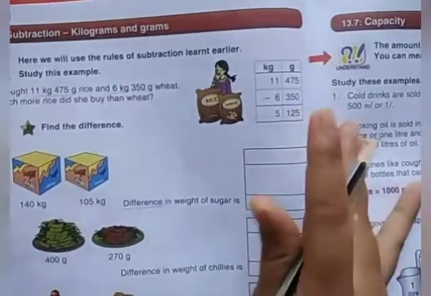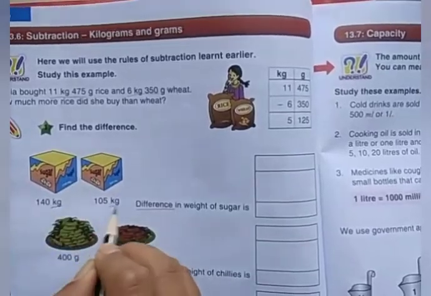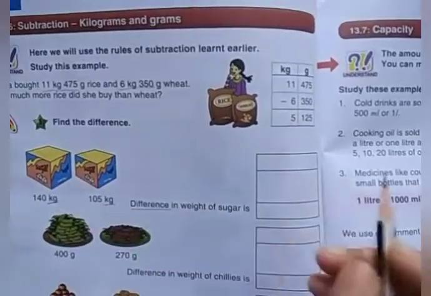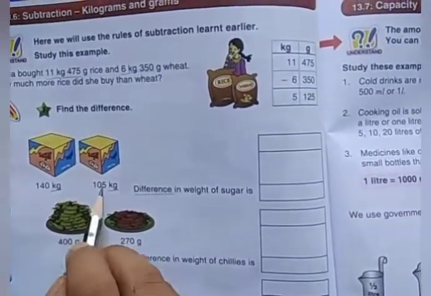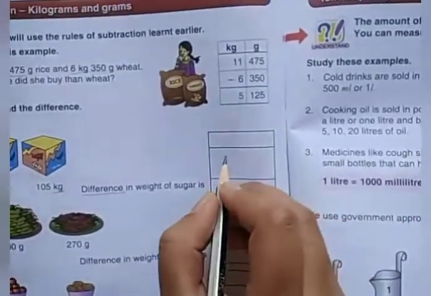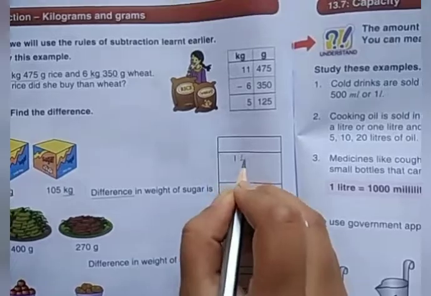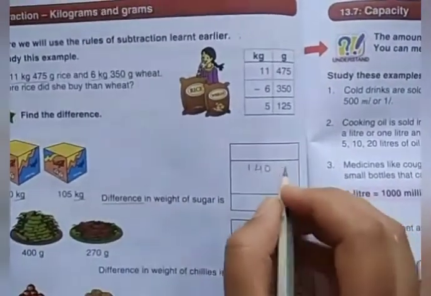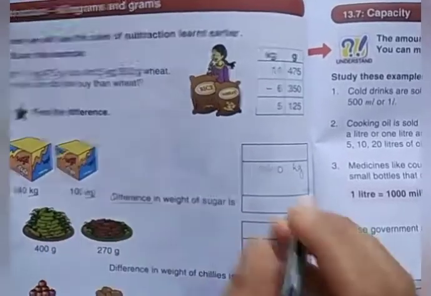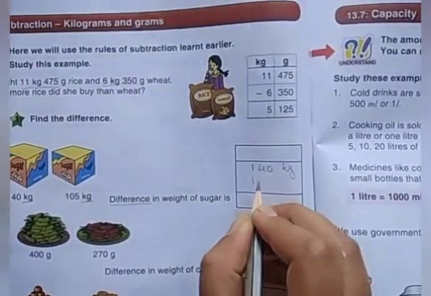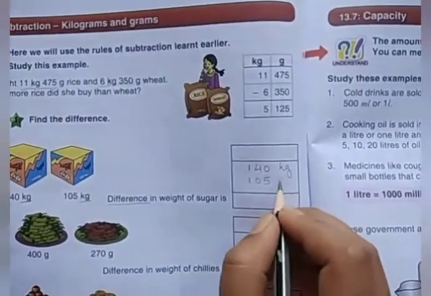Both they have given in kgs, so no need to draw the columns and rows, directly we can subtract the kgs only. Okay, write here 140 kg and this is 105 kg.